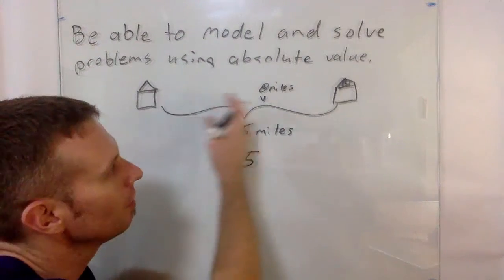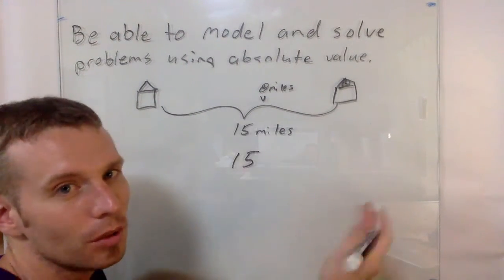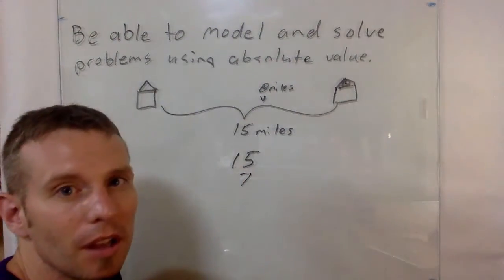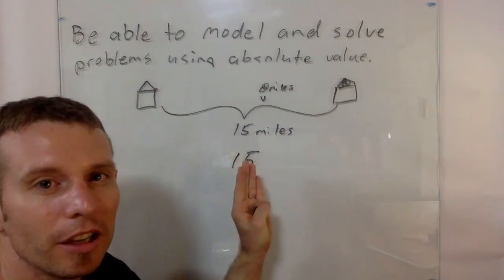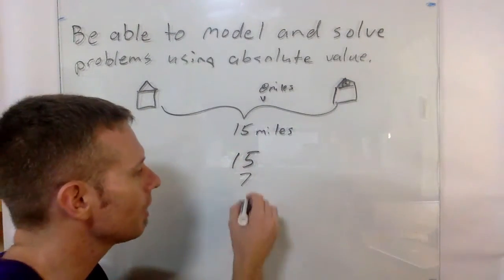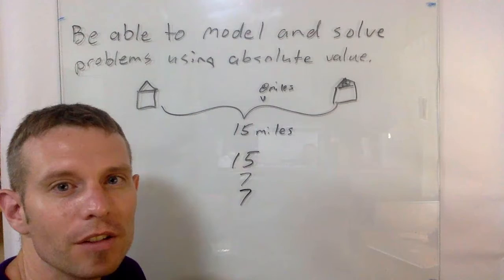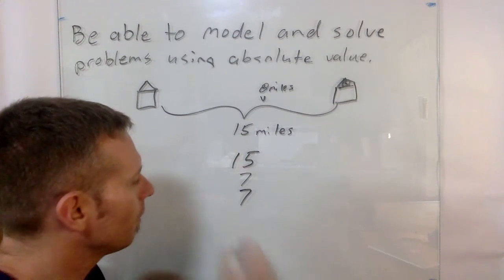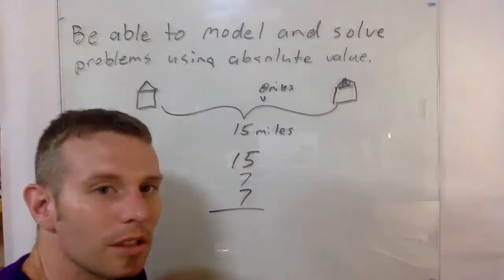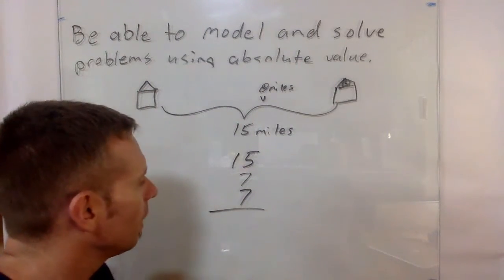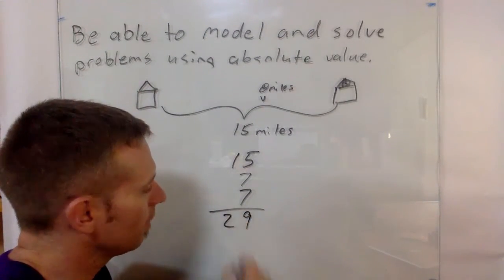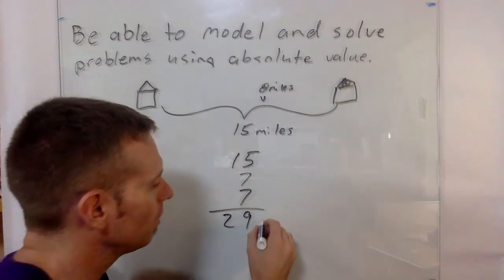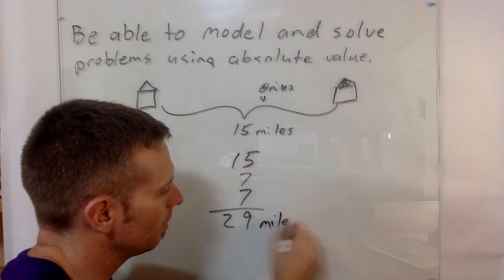If you're 8 miles from your house, you went back 7 miles, right? And even though you're going back, and then you're going to come back again another 7 miles, all of that counts as energy that you've used up. And so if we get 15 plus 7 plus 7, I think that will be 29 total miles that you ended up traveling.